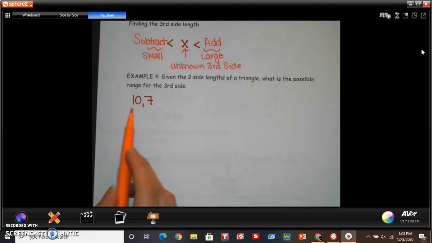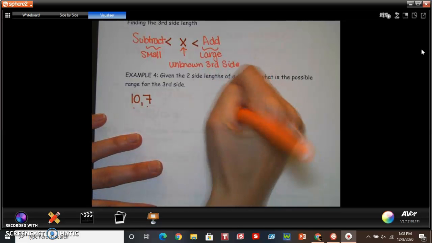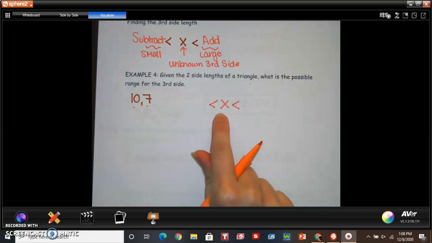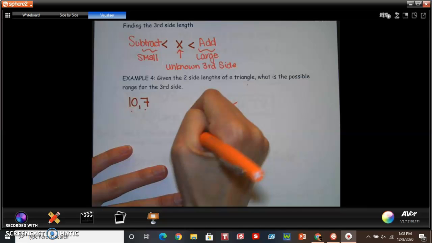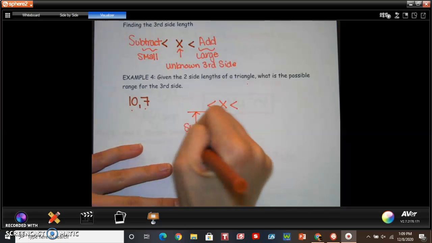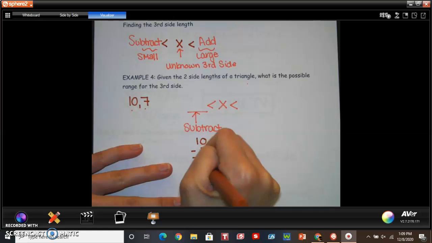We're given the sides 10 and 7. What is the possible range of our unknown third side? So first we're going to write our range, our unknown, and we're going to subtract to find this side. So I'm going to take 10 minus 7 gives me 3.